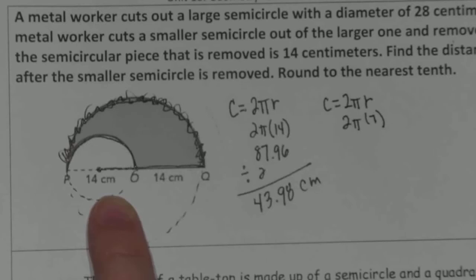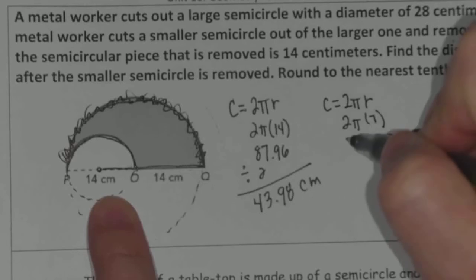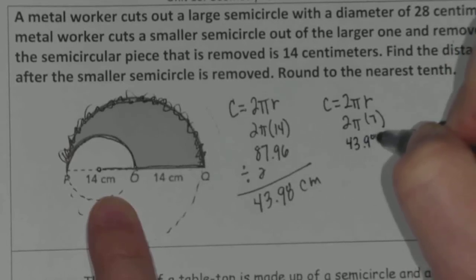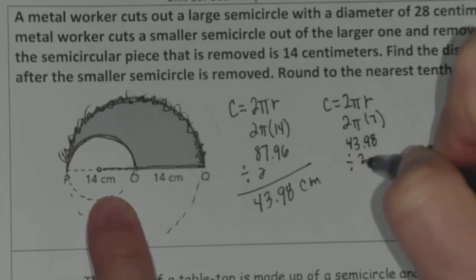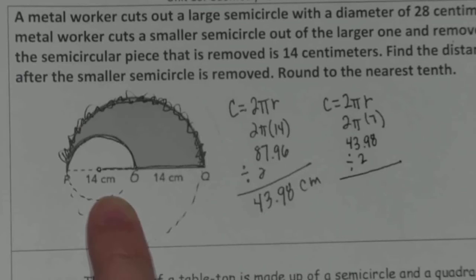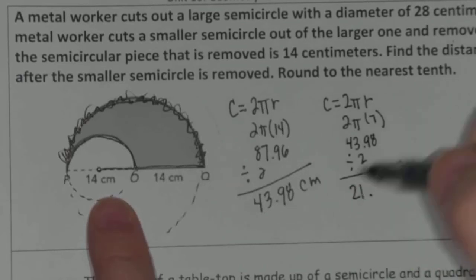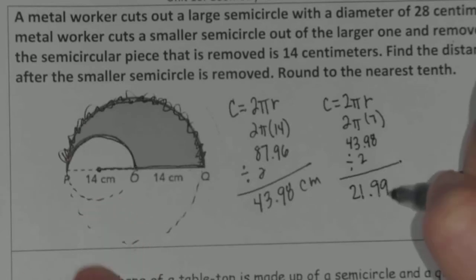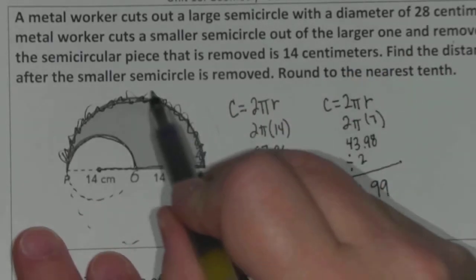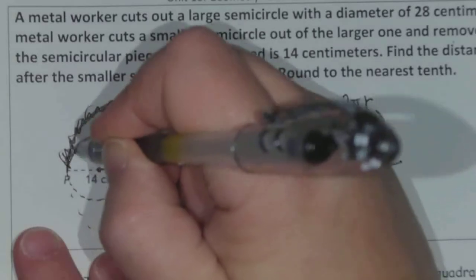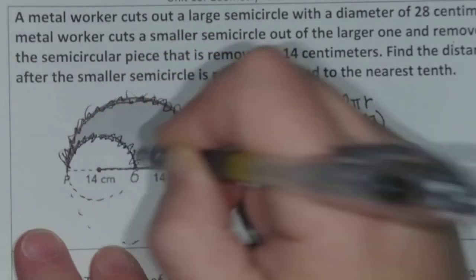So times that out on our calculator and we get 43.98. But I only want half of that, so I'm going to divide by 2 and I get 21.99. So far I found this outside part, and then I found this part right here.